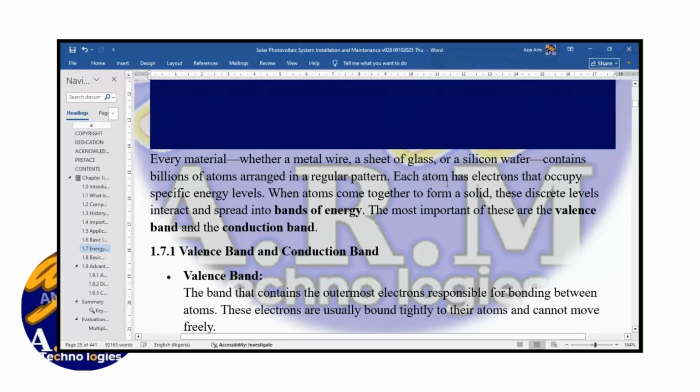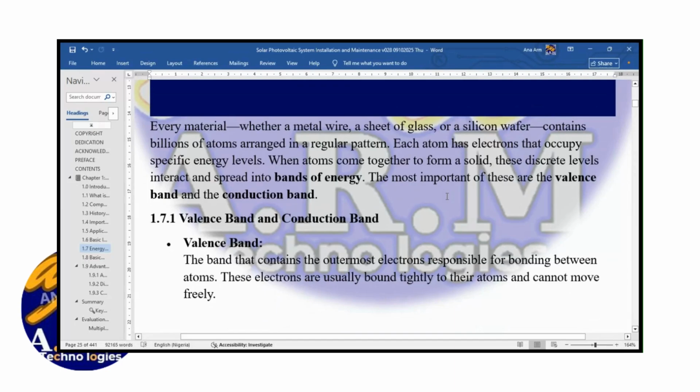Each atom has electrons that occupy specific energy levels. When atoms come together to form a solid, these discrete levels interact and spread into bands of energy. The most important of these are the valence band and the conduction band.